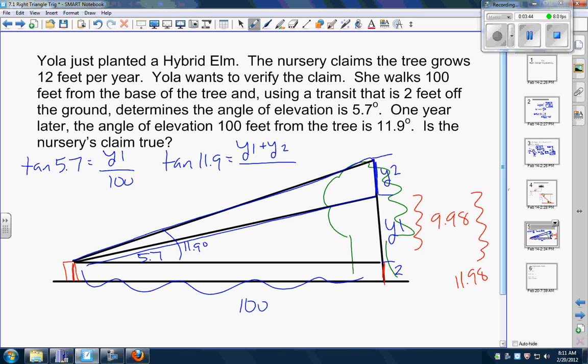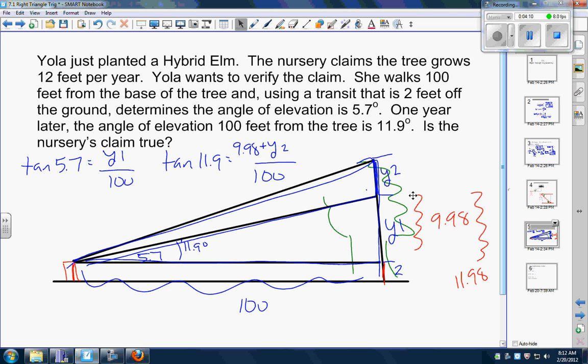Sure, we could find this little guy here, but that's not a 90, so we don't have any way to do that. Okay, so make sure you're using this big triangle here if you're going to use the 11.9. Okay, and this is all over 100. But if we do that Y1 there, we can go do a substitution and put this in as 9.98.